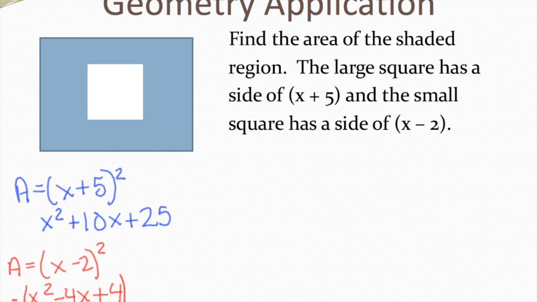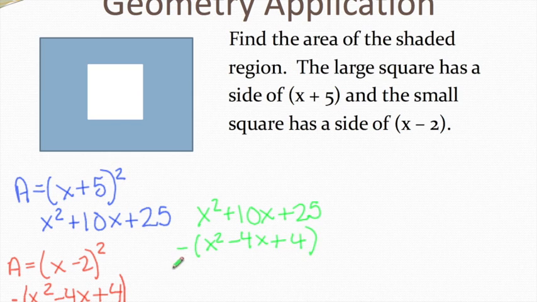So we will have x squared plus 10x plus 25, and then we are going to subtract x squared minus 4x plus 4. So we need to distribute this negative sign: negative x squared plus 4x minus 4. And now we can add.